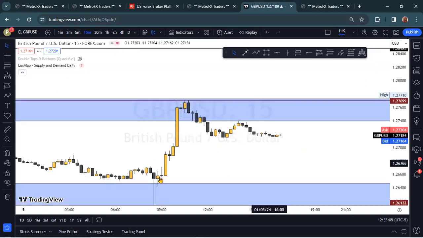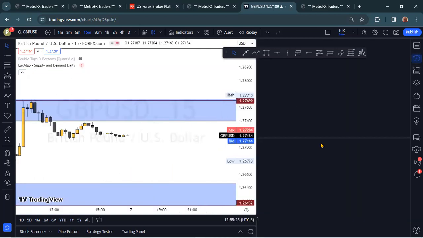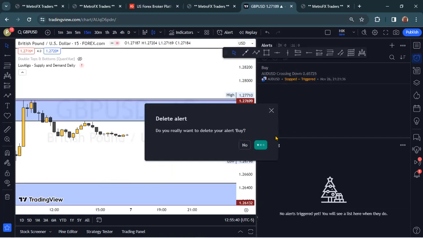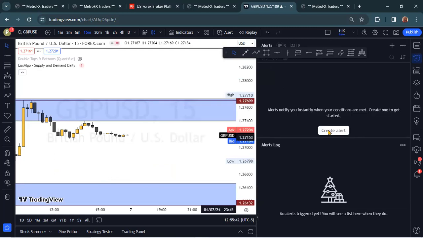If you're patient enough, you can just set an alert and say, hey, at this particular number, which is the high, 1.27710, when the market gets to this number, with your alert, you can click on your clock over here and create an alert.